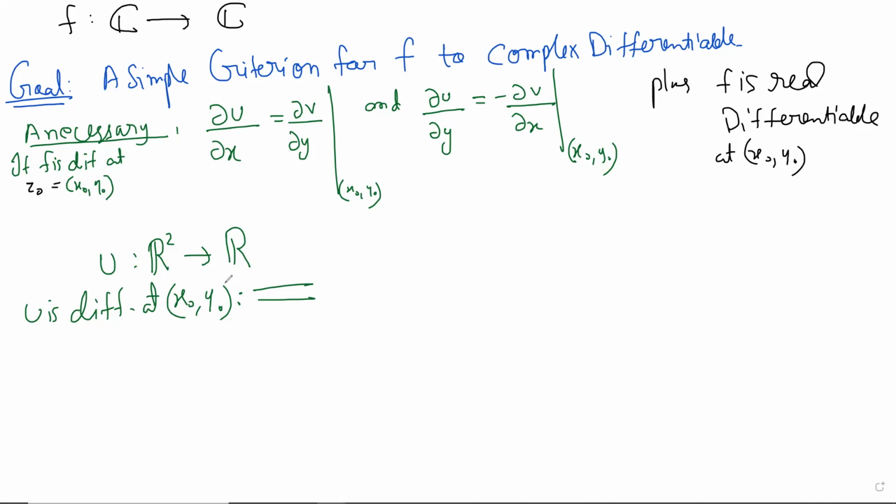Yes, we must know the definition. Just the partial derivatives existing is not enough, like the partial derivative of u with respect to x and the partial derivative of u with respect to y. Just those two things existing will not be enough. So we'll look at the definition of this.